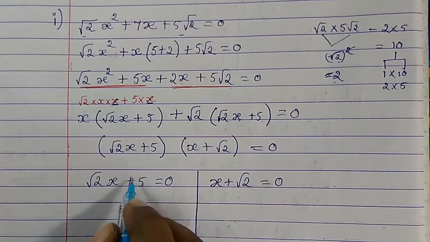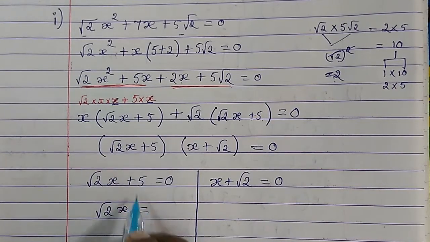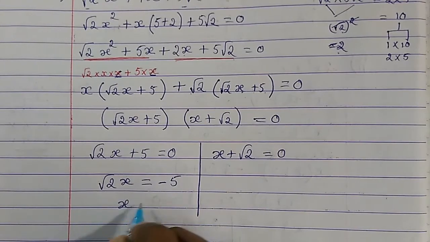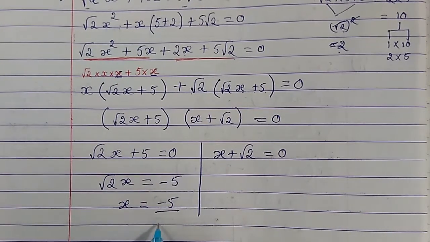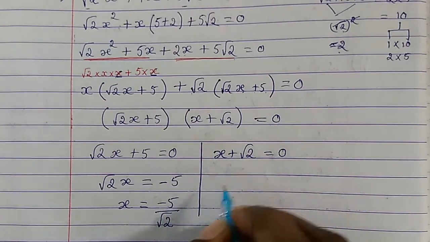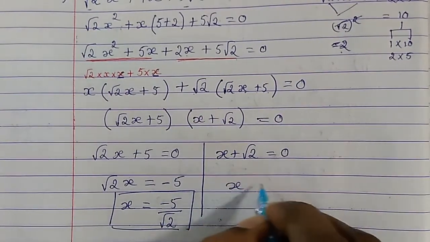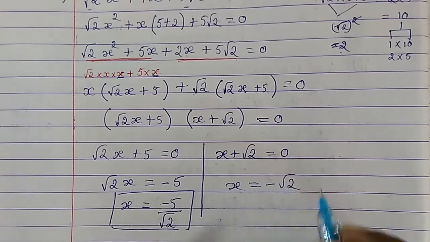Okay, now we want the x value. Keep root 2 x equal to plus 5; when it comes here it becomes minus 5. Then x you keep here, root 2 is in multiplication, when it comes here it becomes division. Here in the same way, x equal to root 2 is in plus, when it comes to this side becomes minus root 2.